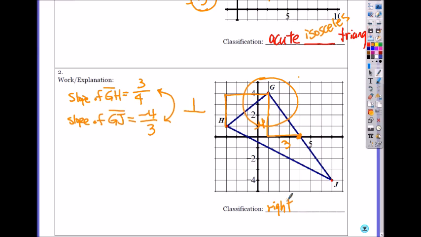Can you have a right isosceles triangle? Yes, you can. You can have a 90, 45, 45. They are right isosceles triangles. But this one, since this is 90, these two cannot be 45s, right? So it looks like it is scalene, meaning they have all three different sides, but for sides, you have to prove it.